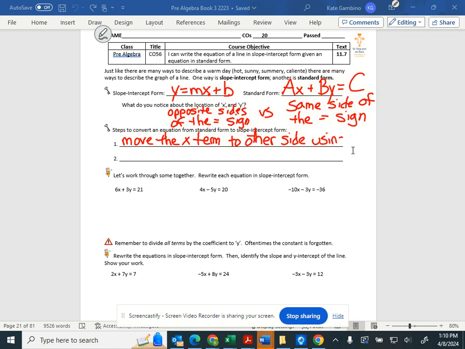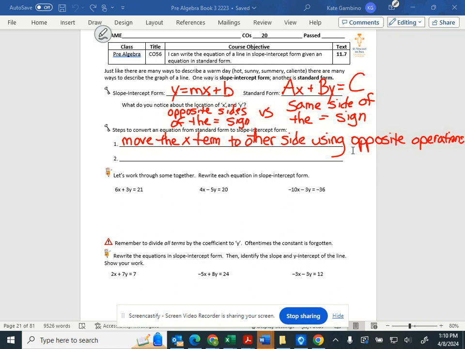How do we move anything to the other side of the equal sign? Opposite operations. You cannot just put it on the other side of the equal sign. You have to do opposite operations.